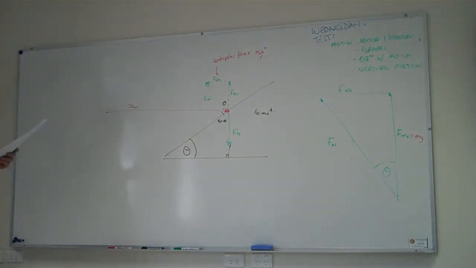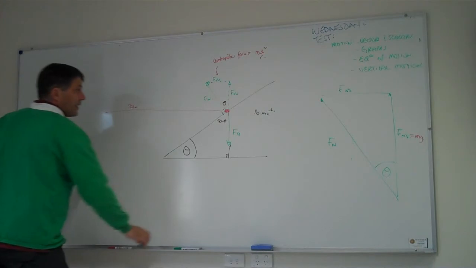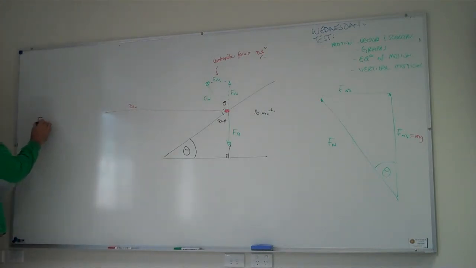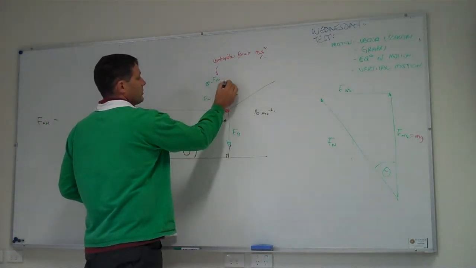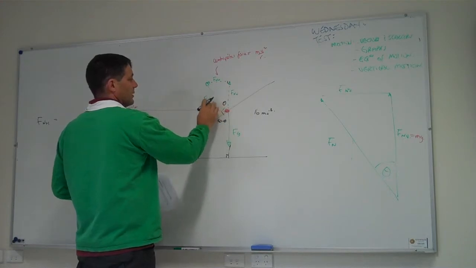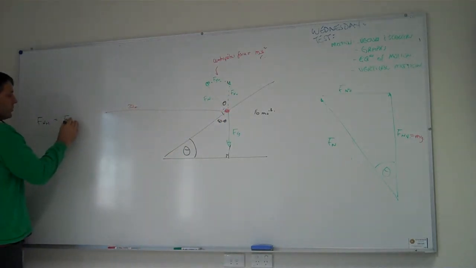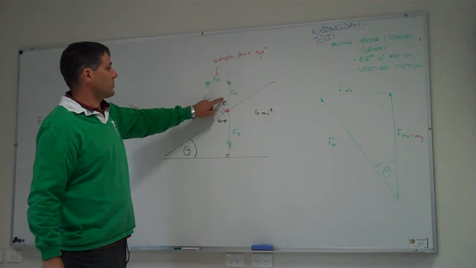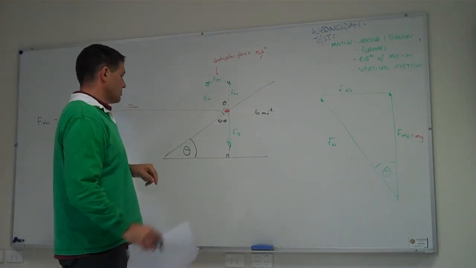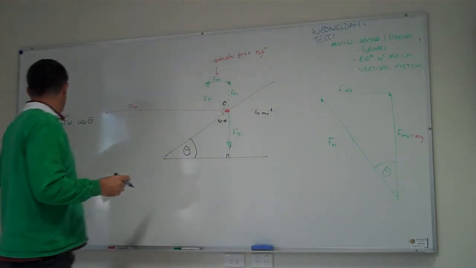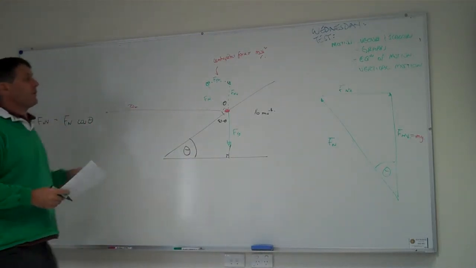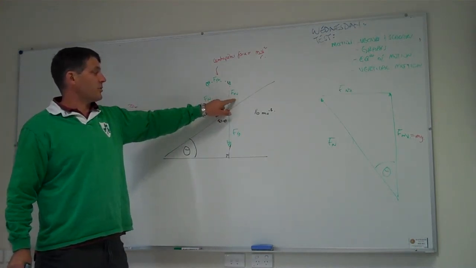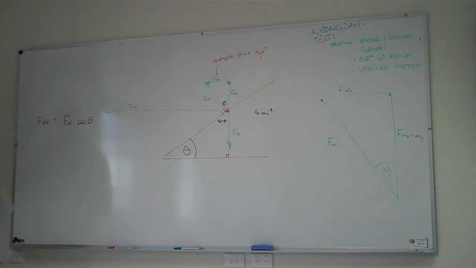So if that's the case, then the force of normal horizontal, using our basic trigonometry, is equal to the force of normal times sine theta. The cos of theta is equal to the vertical one, the adjacent over the hypotenuse. So if we rearrange that, we get that.